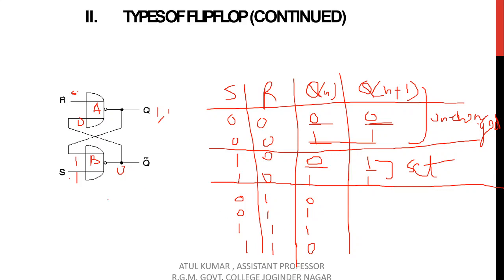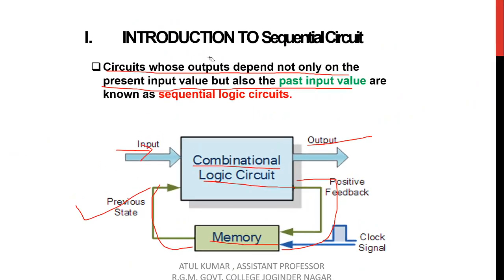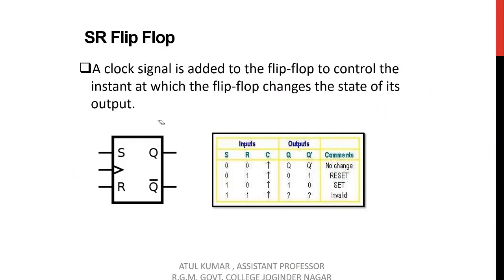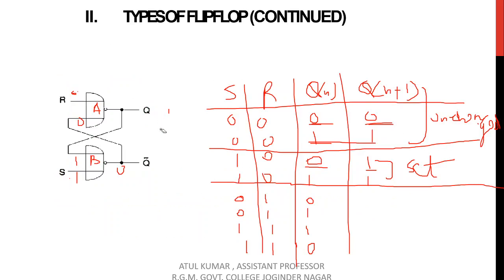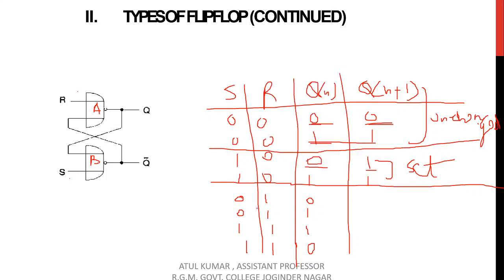Now let us see for the next input values. In the next input value we have S is equal to 0 and R is equal to 1.